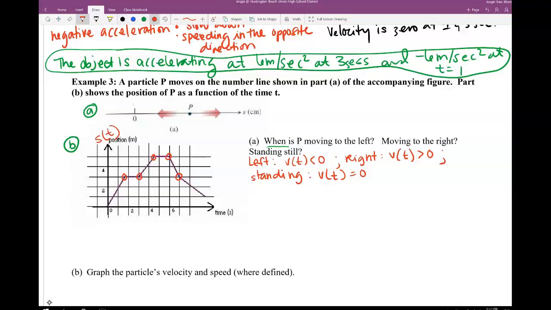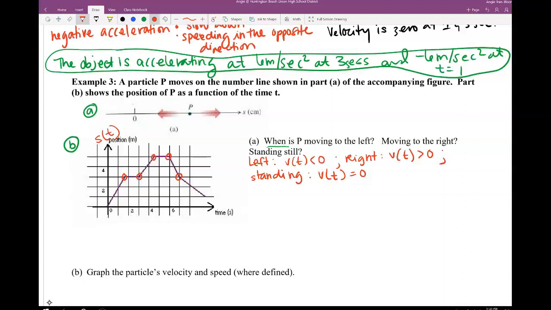What's happening with the slope or the derivative at all of those red marks? So I want you to think for a second, okay? What's the derivative of all of those red circles? Would you agree that the derivative is not defined?